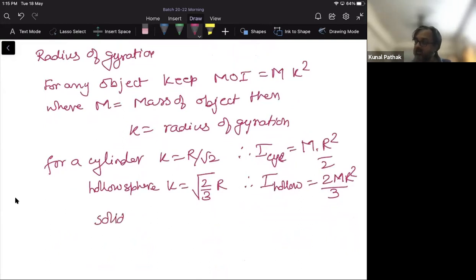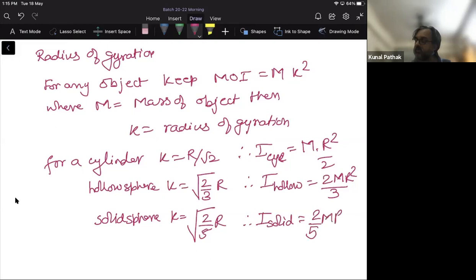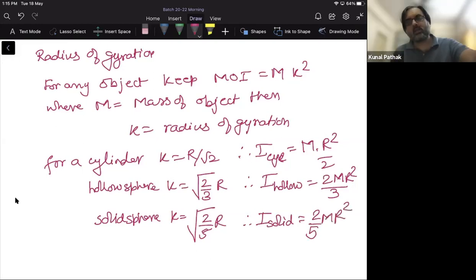For a solid sphere, k is root 2 by 5 R. Therefore, the moment of inertia of a solid sphere is 2 by 5 m R square, and so on. So that's just a shortcut, so that I don't really have to bother about what the moment of inertia is.